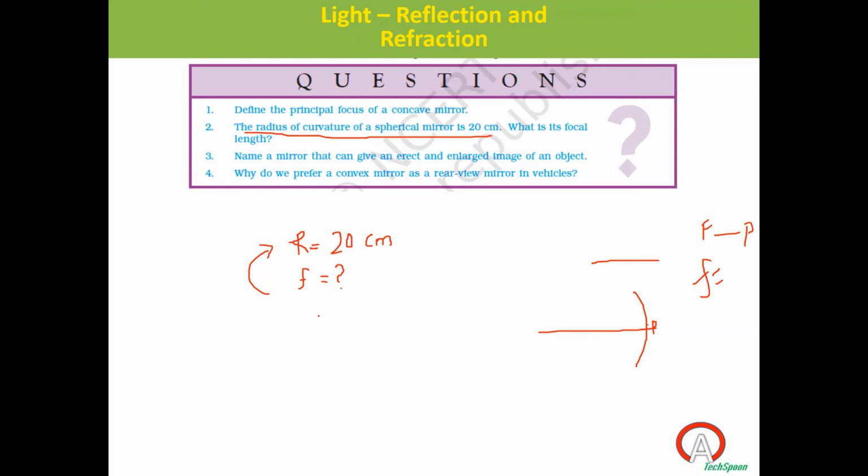R by 2. First, why did you get the answer? You think yourself. Why? Because you didn't think. That's why. Simple. So some problem is given now.